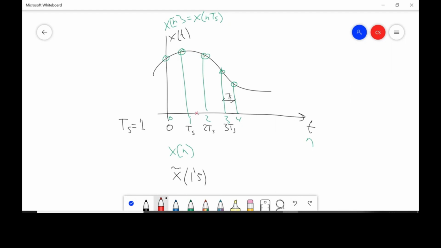I want to know it at this time, so I can join those 2 points with a line and evaluate that line at that time point. And that is called interpolation. So the process of estimating a function at a time location from nearby samples is called interpolation.